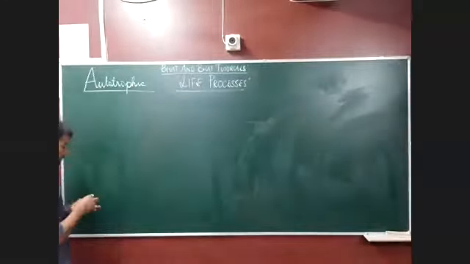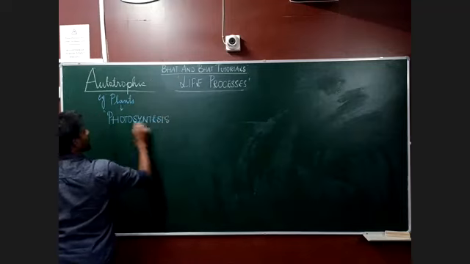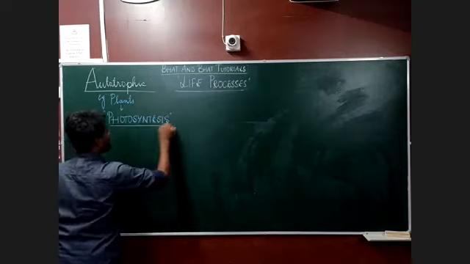Now, what is the main thing you have to understand in plants? Plants exhibit a system called photosynthesis. Now, how do we define photosynthesis?